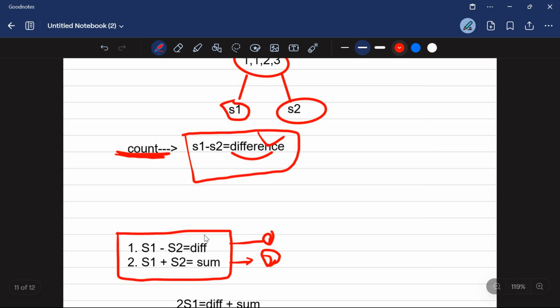S1 minus S2 should be equal to the given difference, and S1 plus S2 is equal to the total sum. One thing is given in the question: S1 minus S2 is equal to the difference, and the other thing we already know: S1 plus S2 is equal to the total sum.